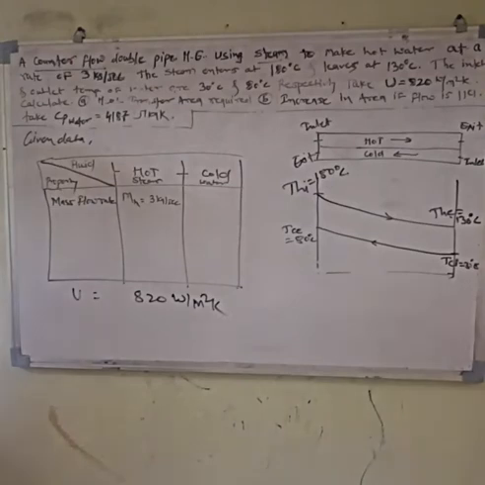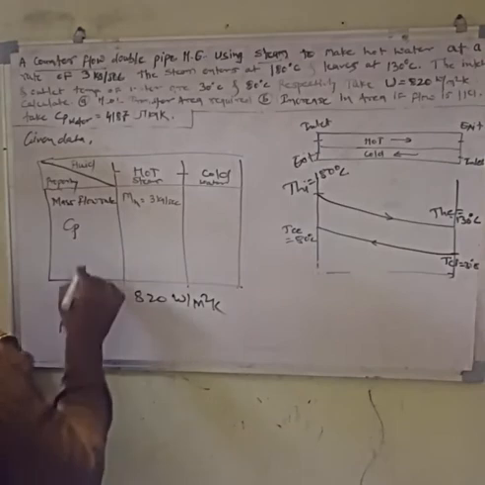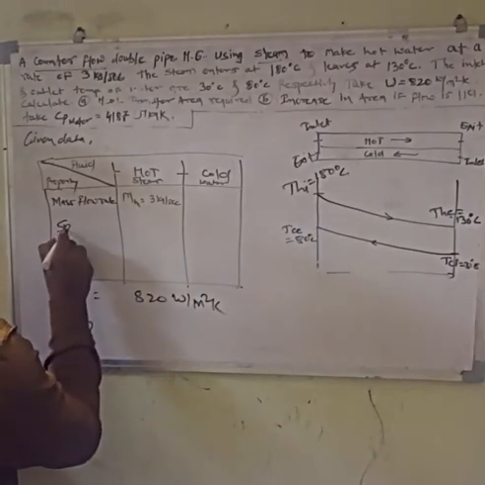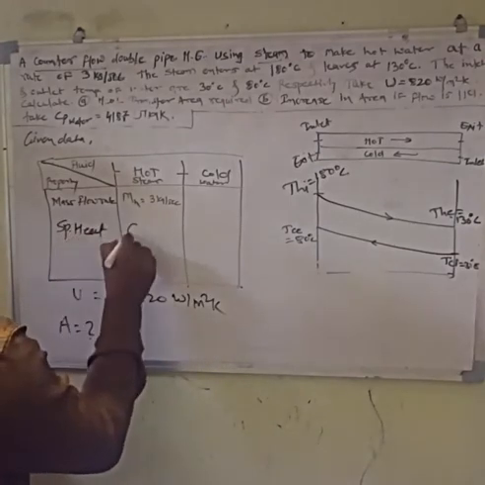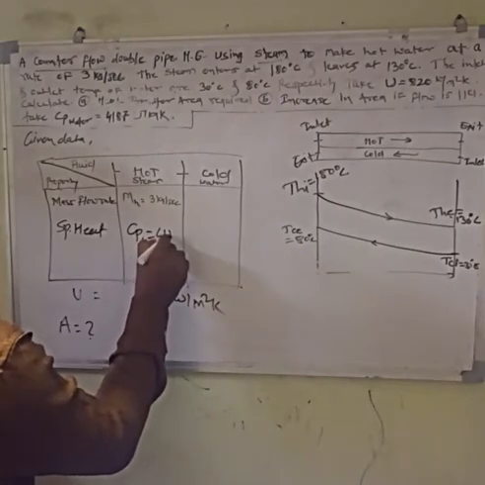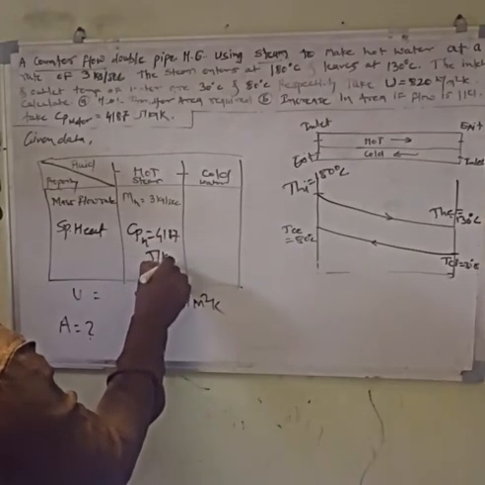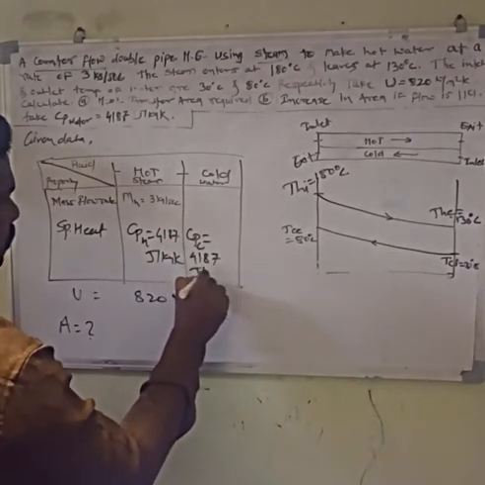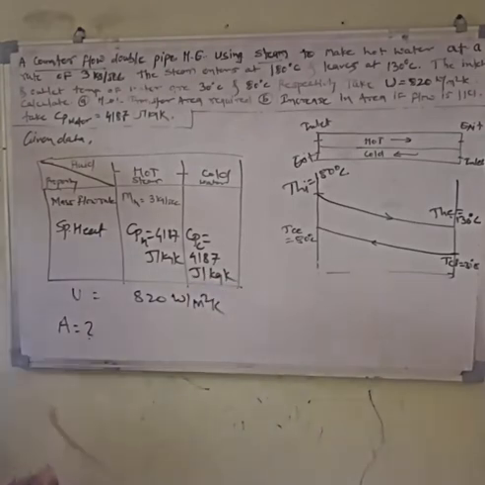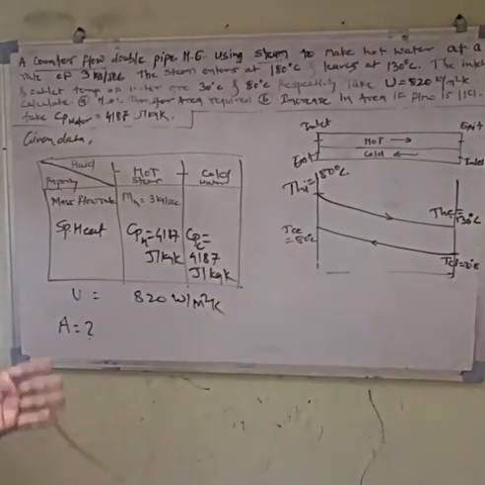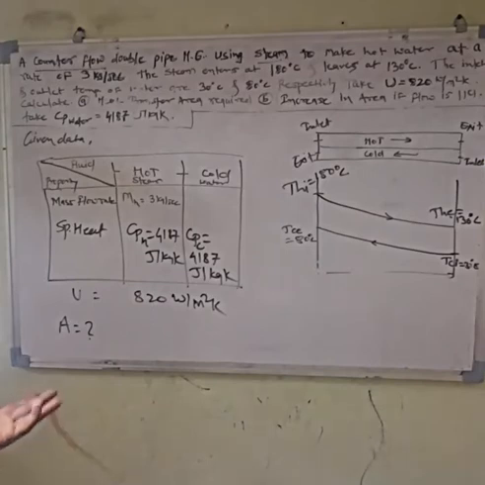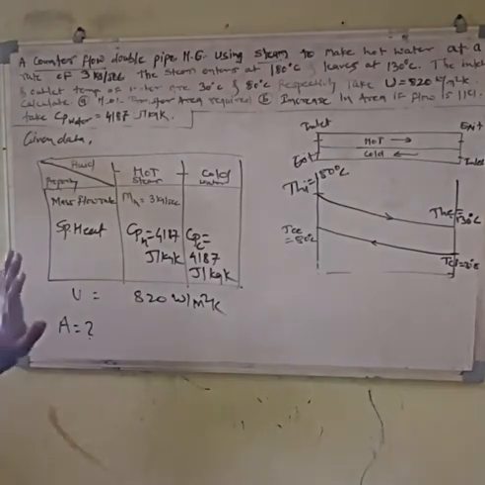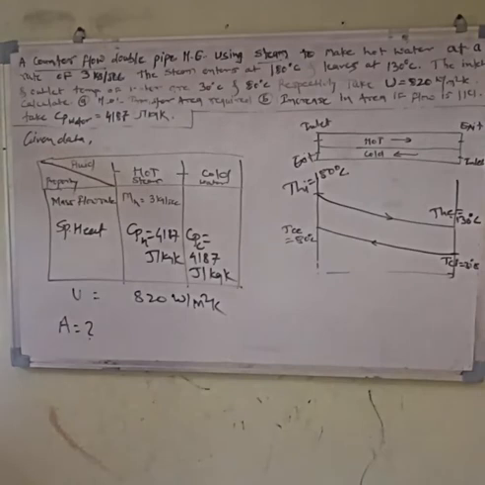So we have to find the area. Next, the specific heat: Cph equals 4187 joule per kg Kelvin and Cpc is also 4187 joule per kg Kelvin, because steam is nothing but the phase change of water. So both fluids have the same Cp. From this we have to find out the area.